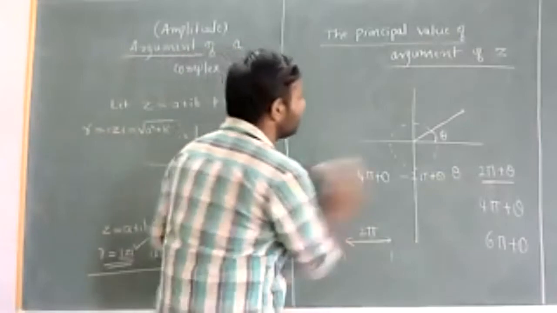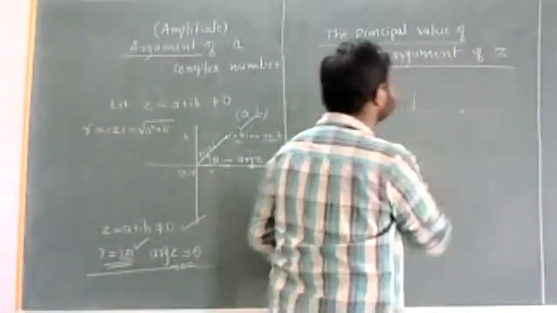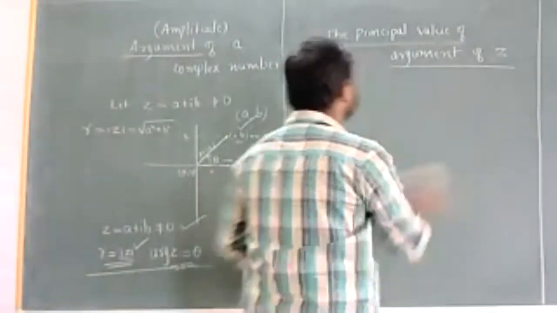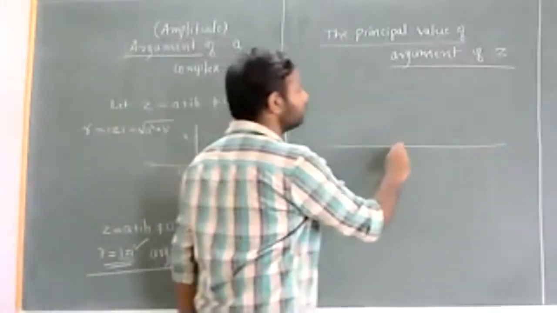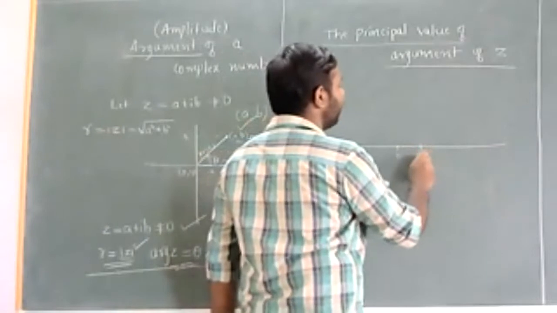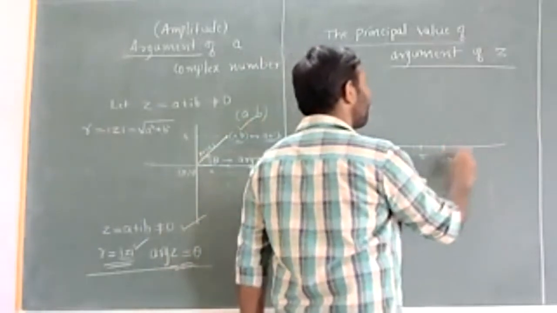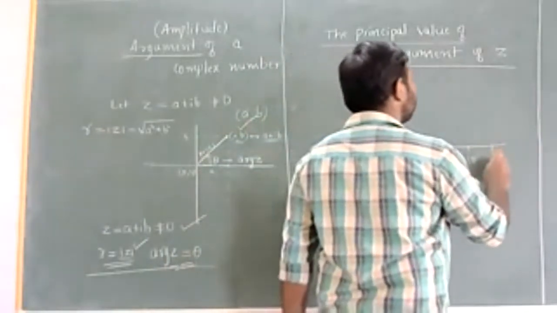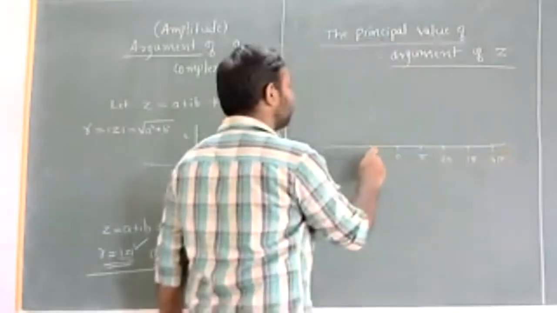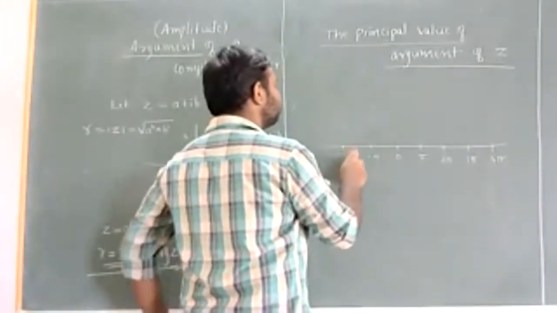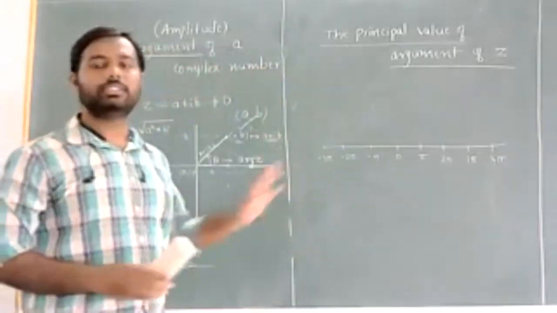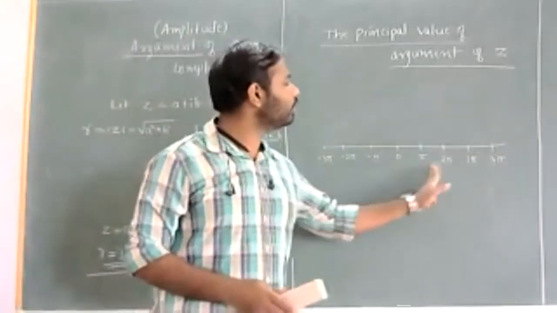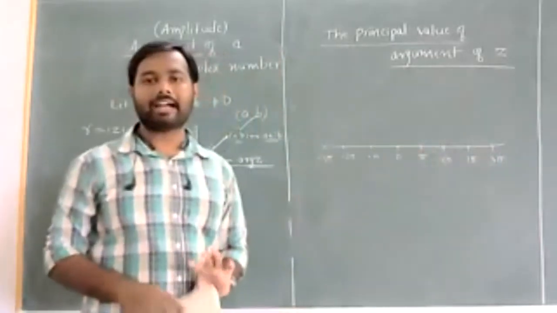So hence, on the number line, suppose this is 0, pi, 2 pi, 3 pi, 4 pi, minus pi, minus 2 pi, minus 3 pi, and so on. So this is a real number line on which I have marked only these particular angles.